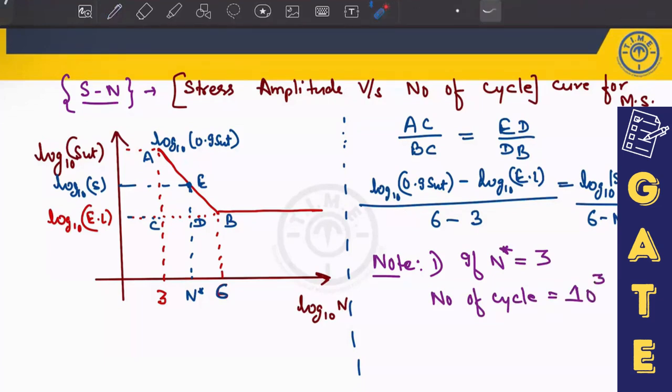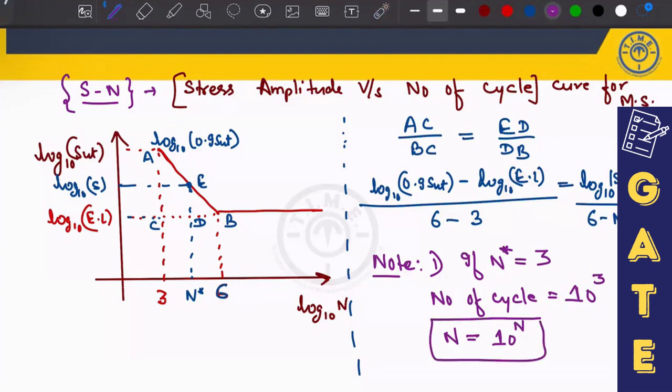Why? Because this n star which you are calculating is based on log. But you have to calculate the number of cycles, so that means 10 to the power of whatever value you get. If they are asking what will be the number of cycles, first of all, by using this equation you will get the n star value, and then you can take 10 to the power of that value.